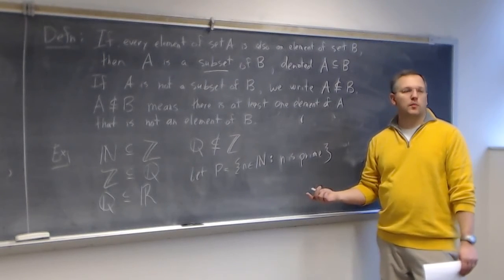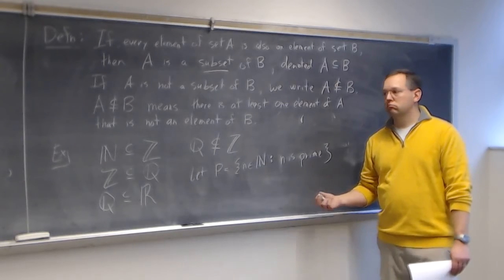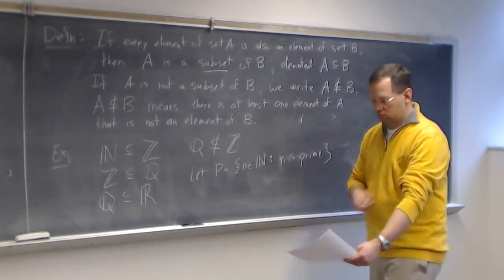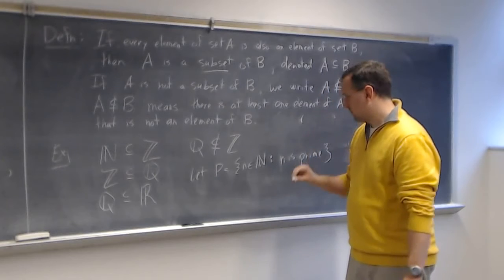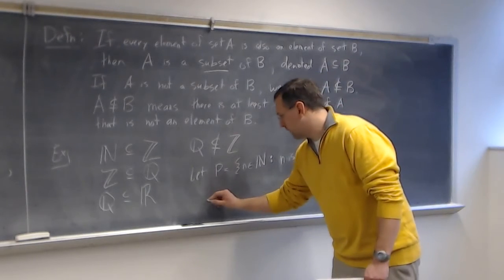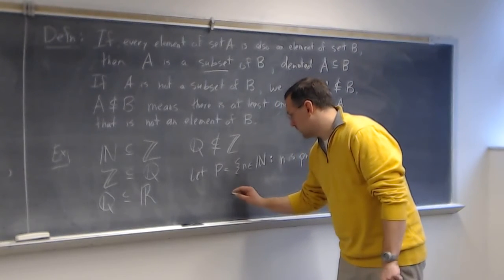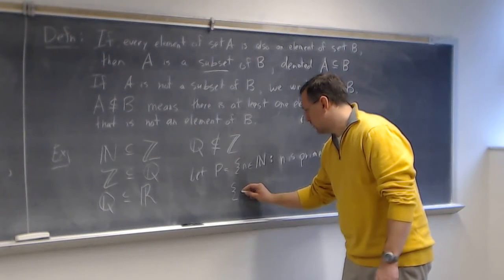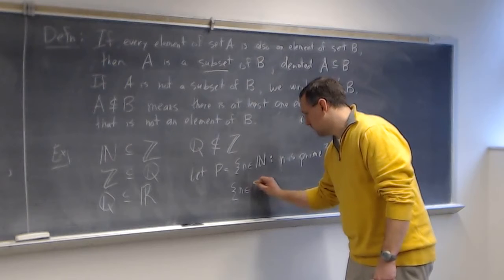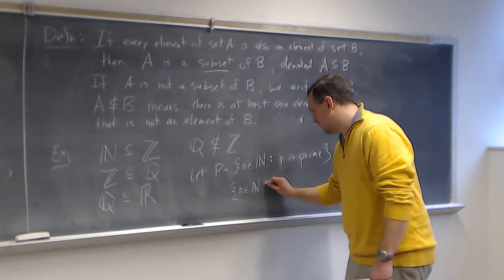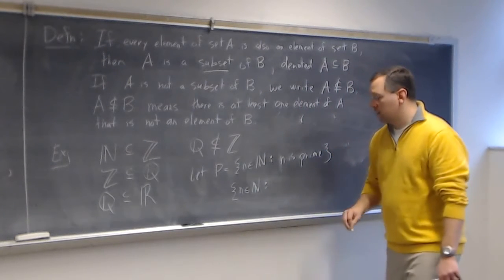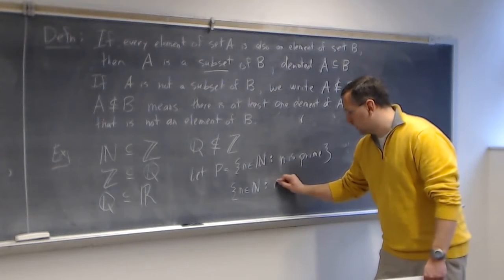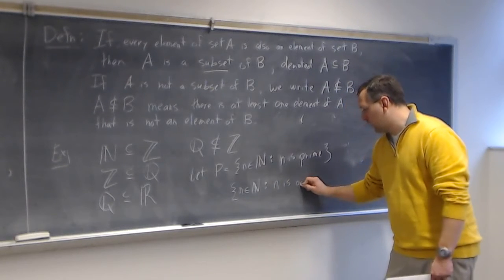So P is the set of prime numbers. All right, let's write another set. How about the set of natural numbers n such that n is odd?